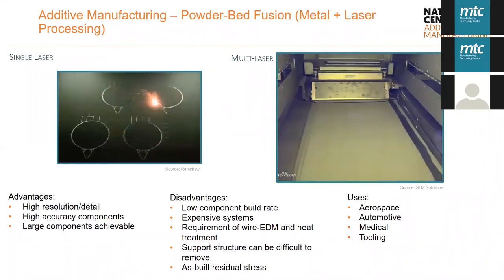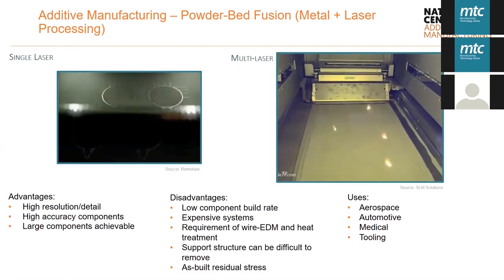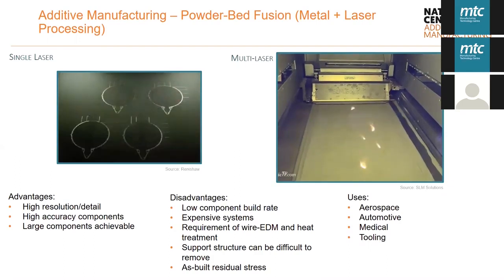The throughput you get of components in this technology is a bit lower than potentially other metal AM methods. Some of the systems can also be quite expensive, and all the ancillary equipment, especially with the lasers, could be quite expensive. There is also a requirement to wire EDM the components, so machine them off the base plate, as they will be attached to it.